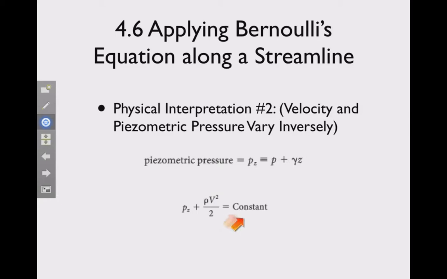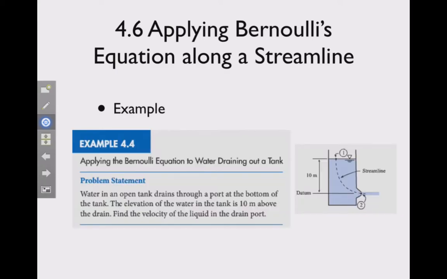And since this is constant, if the velocity increases, the piezometric pressure has to decrease. If this decreases, this has to increase. If this increases, this has to decrease. So if one goes up, the other has to go down, and vice versa, in order to keep the quantity constant.